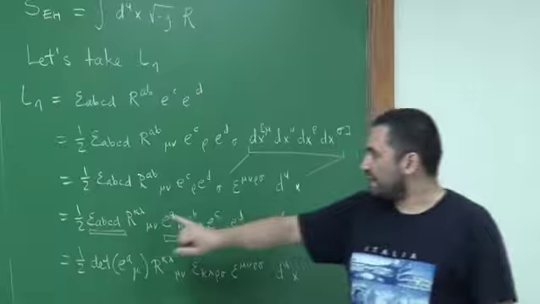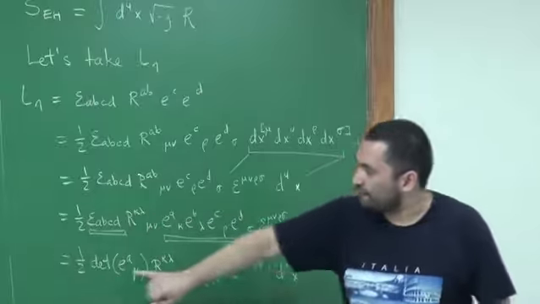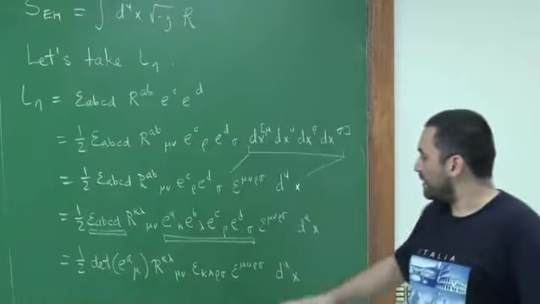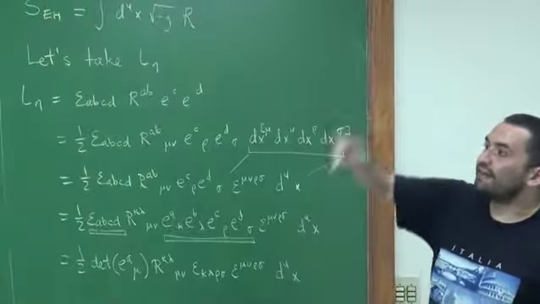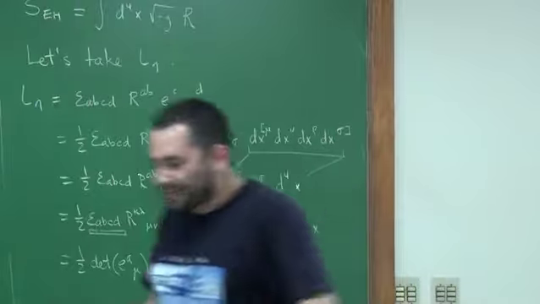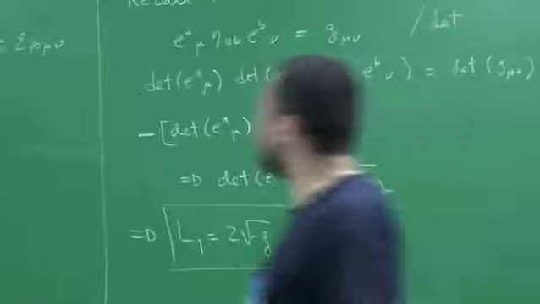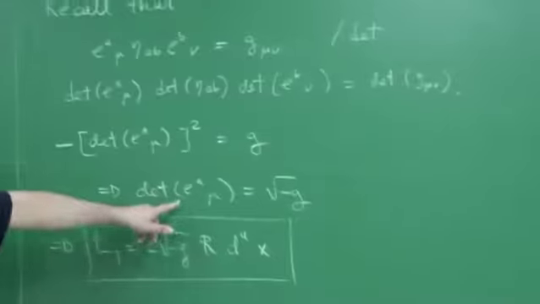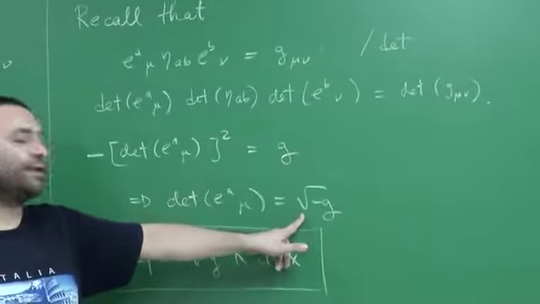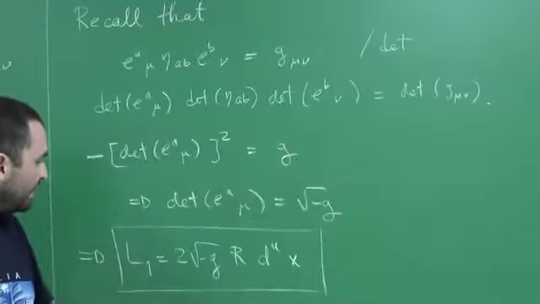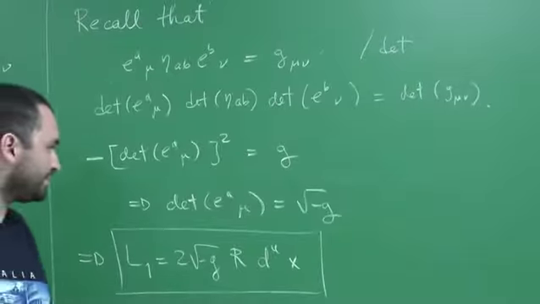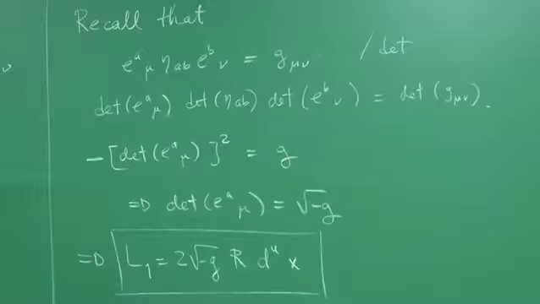You use this times this, gives you the determinant. Then you multiply two epsilons to give a delta. You use the contraction identities for the delta. And finally, you realize that the determinant of the vielbein is the square root of -g. And this finishes it. So actually, this is the Einstein-Hilbert Lagrangian.